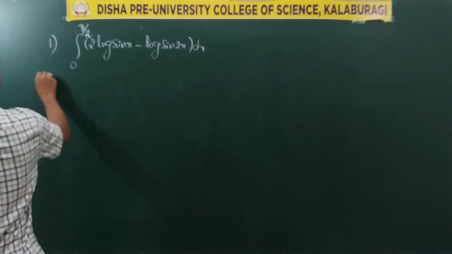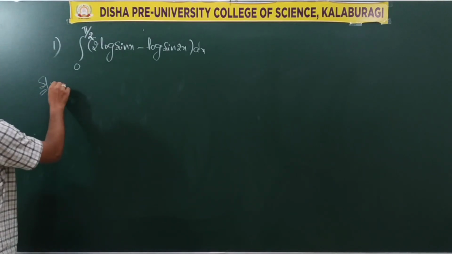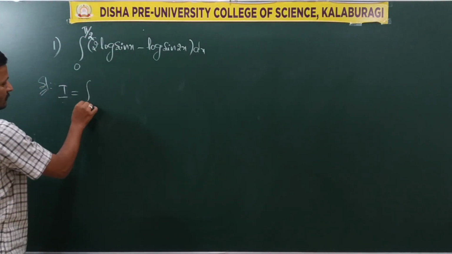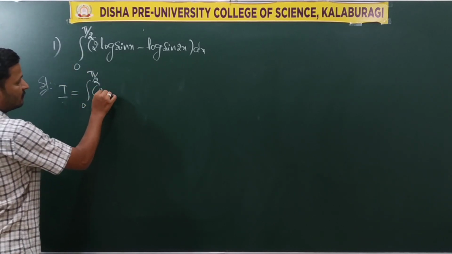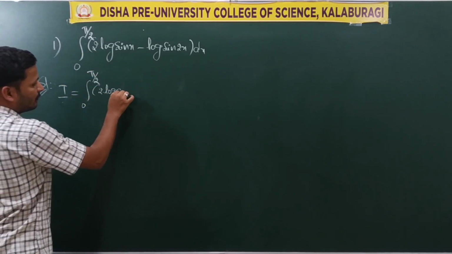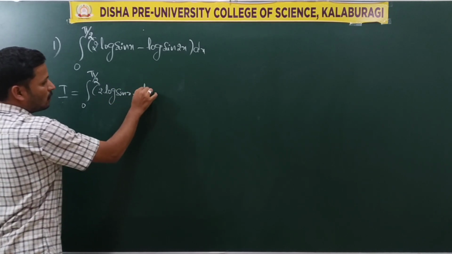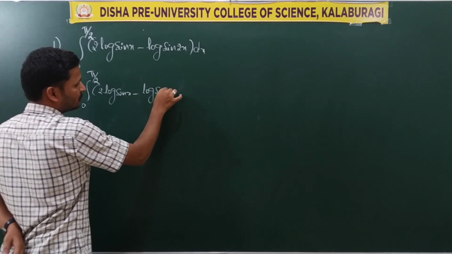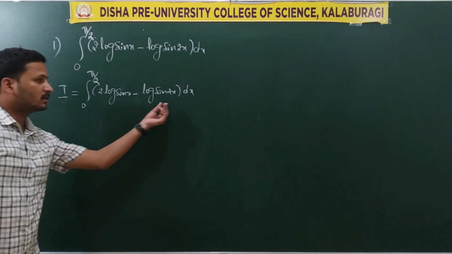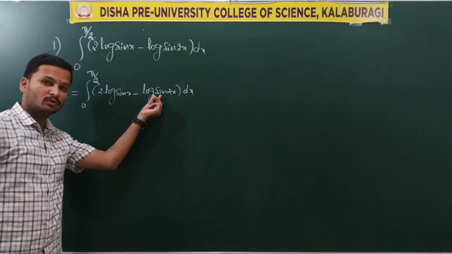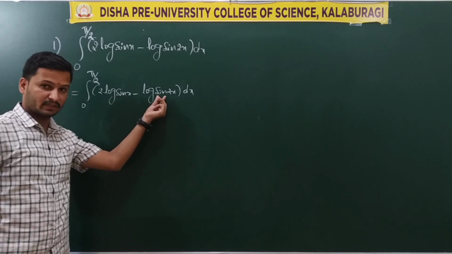So solution. Let I be equal to the given integral, that is, 0 to pi by 2 of log of sin x minus log of sin 2x. Here we know sin 2x is equal to 2 sin x into cos x, a trigonometric formula.